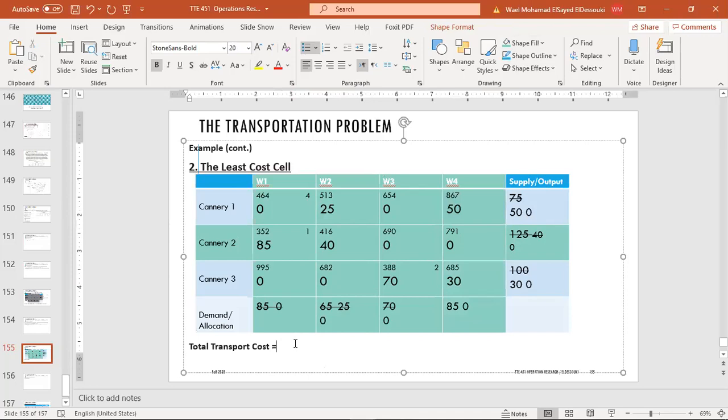How much is our new cost? Just multiply the numbers. The zeros are going to be omitted, but multiply the assigned values with the cost.